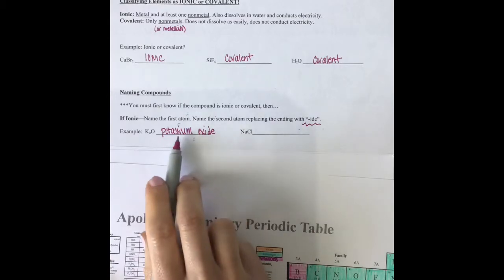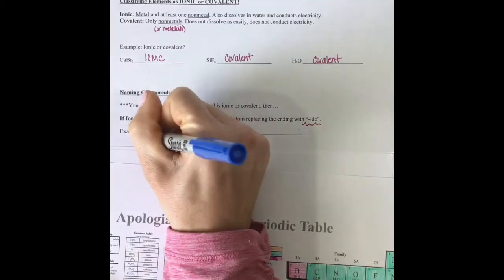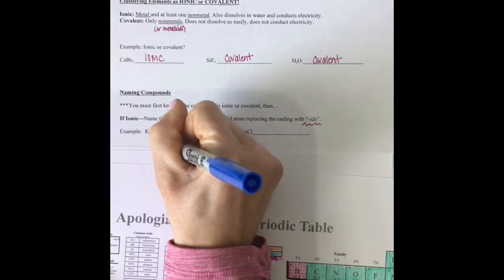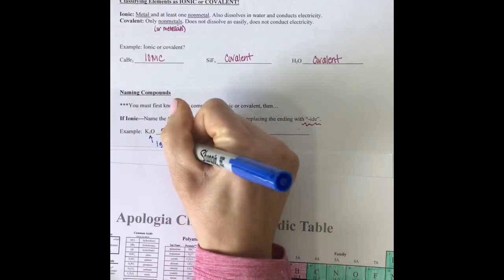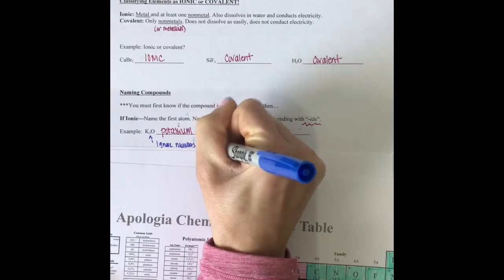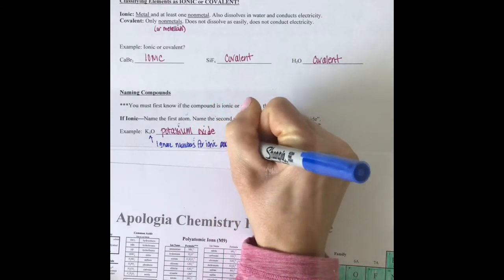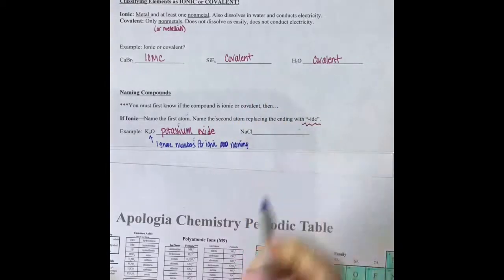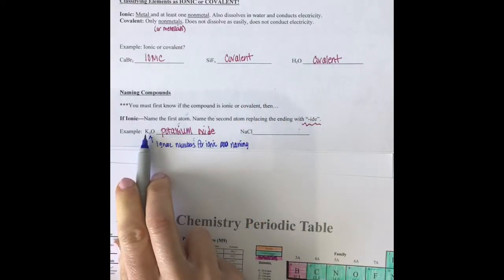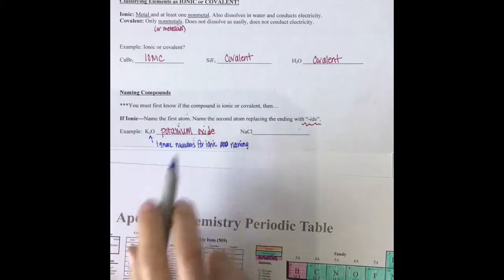And it should sound good, okay? I also want you to note that you ignore these little numbers for ionic naming. Okay, you just simply use the elements and you don't worry about including these numbers as part of the name, potassium oxide.